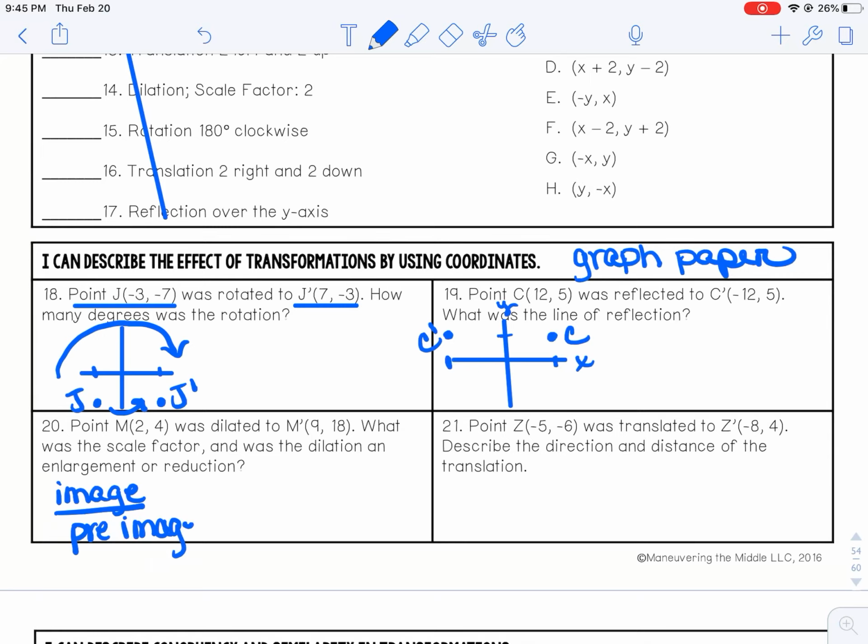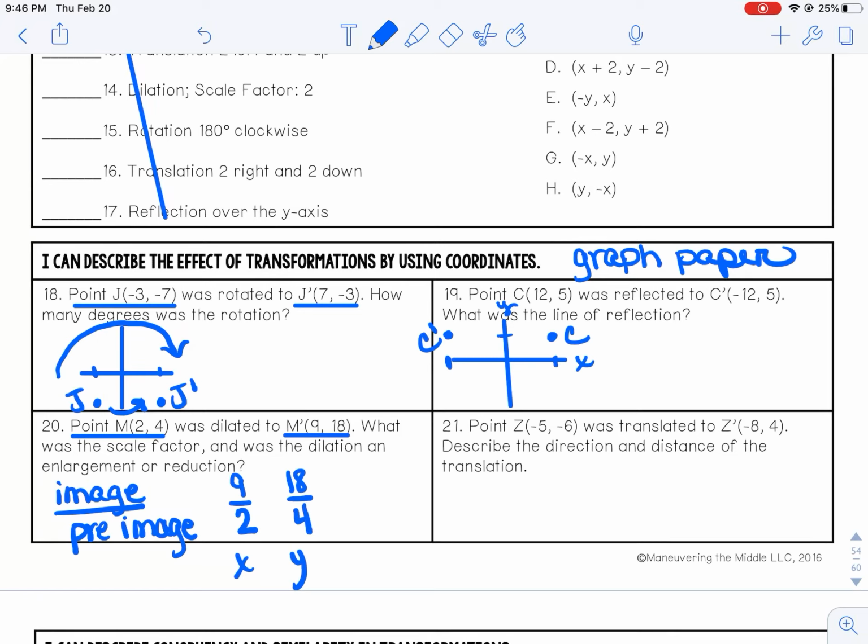Okay, so we did this on our homework when I was with you guys on Wednesday. So these are your pre-image points, and this is your image points. So if I'm looking at the x values, my image is 9, my pre-image is 2. If I look at the y values, I'm sorry, my image is 18, my pre-image is 4.